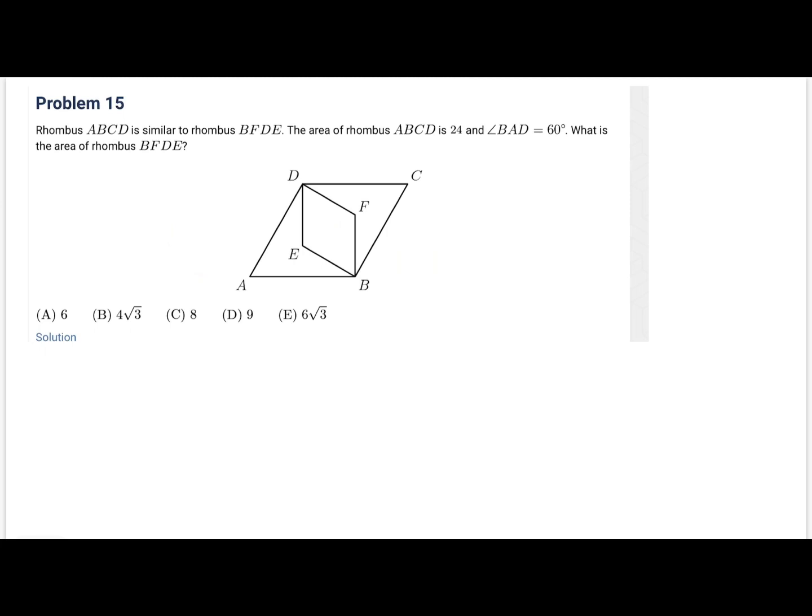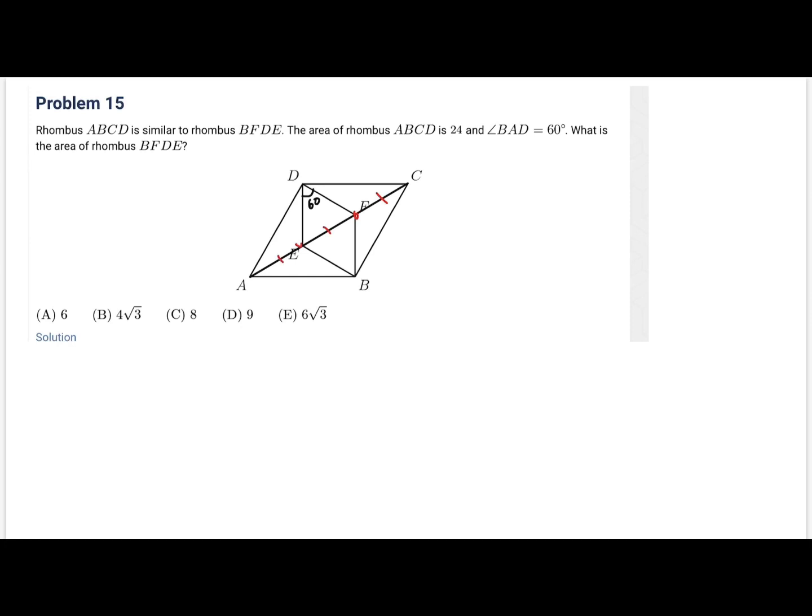15, rhombus ABCD is similar to rhombus BFDE. BAD is 60 degrees. Since this is 60 degrees and this is similar, we can say that this is also 60 degrees, which means that if we put a line through here, then these 2 points would trisect CA.